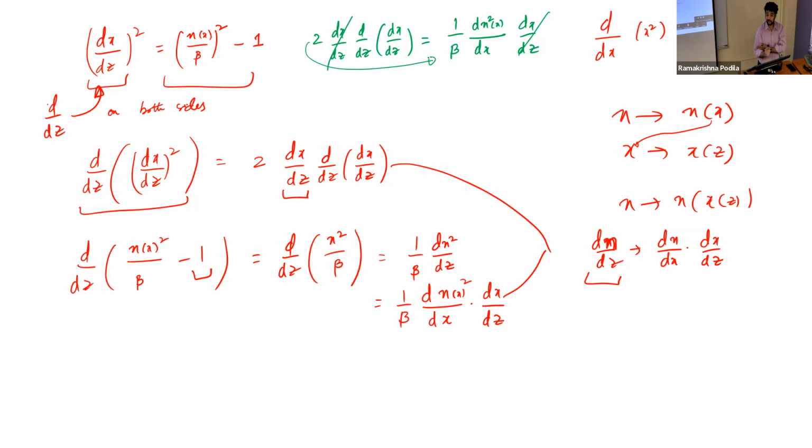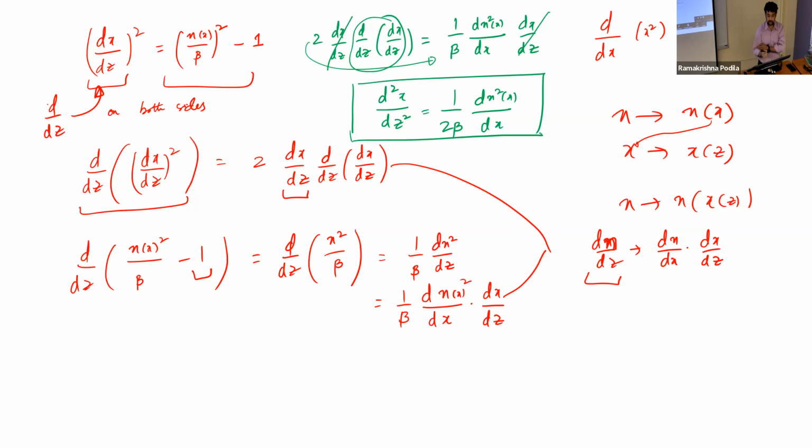And this is just the double derivative, d square x by dz square would be equal to 1 over 2 beta dn square of x by dx. This x is a function of z if you want to write it explicitly.